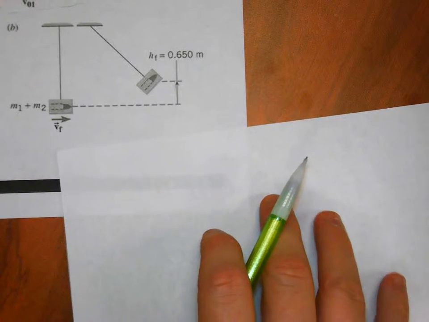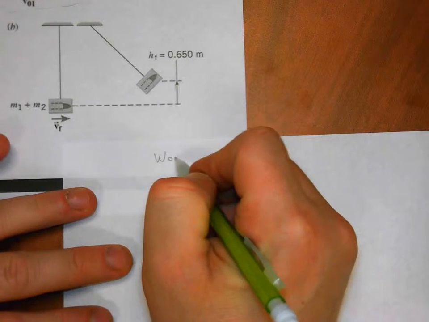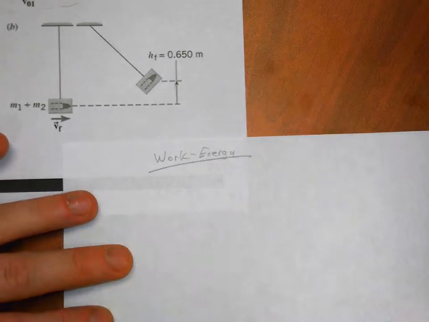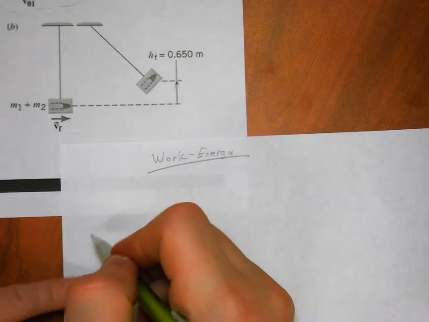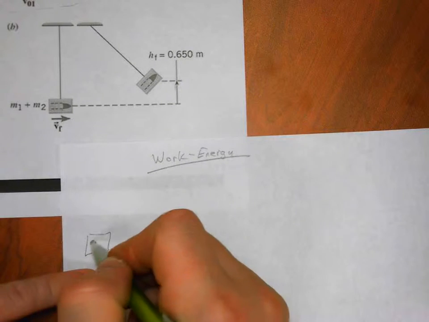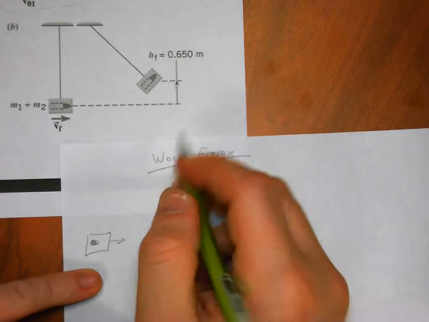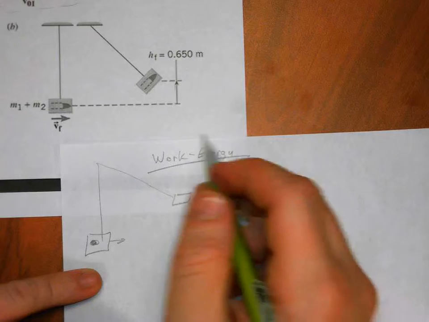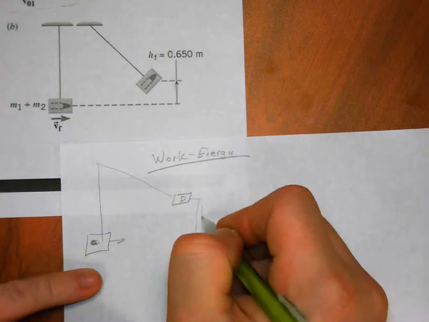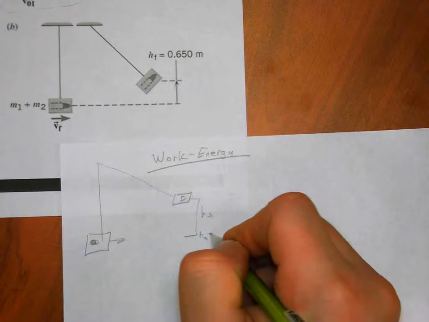Which is the work energy theorem. Okay? So we have this point here where the bullet and the block are moving together, and then it goes up to this point where it stops at its maximum height, which is, call that H. Call it H final. H0 equals 0.